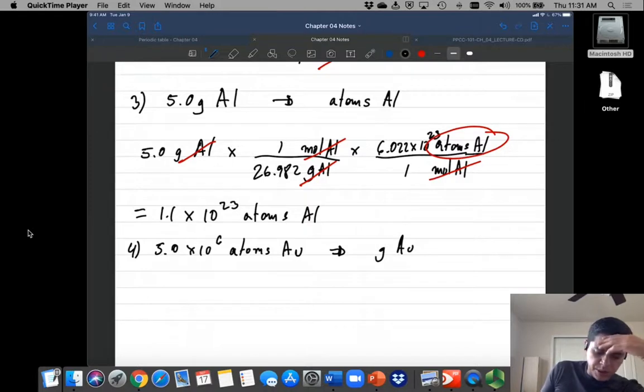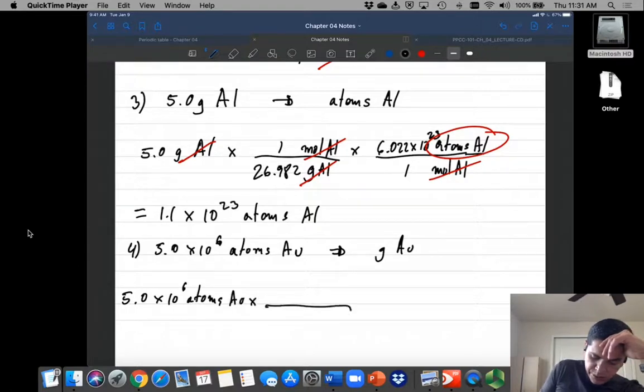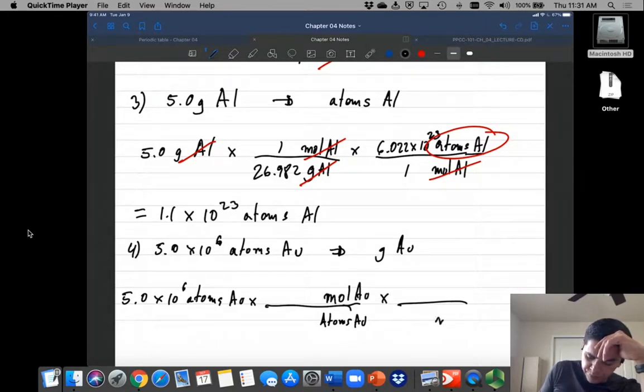So this is another multi-step problem because we have to start from the 5.0 times 10 to the power of 6 atoms of gold. And then we have to eliminate those atoms of gold. And from atoms, mole. And then from moles, then we can get to grams.